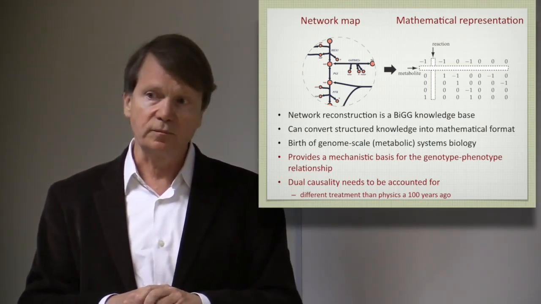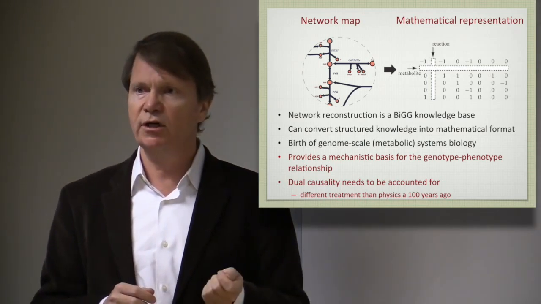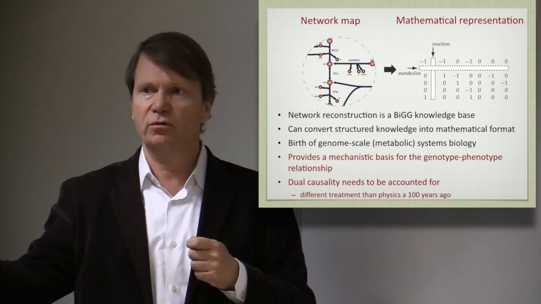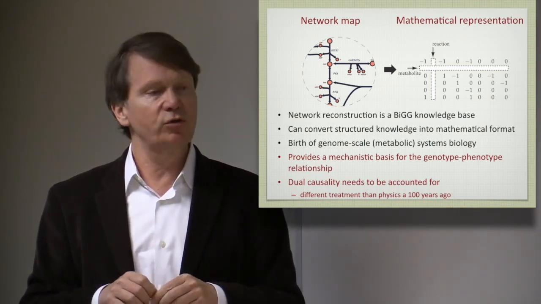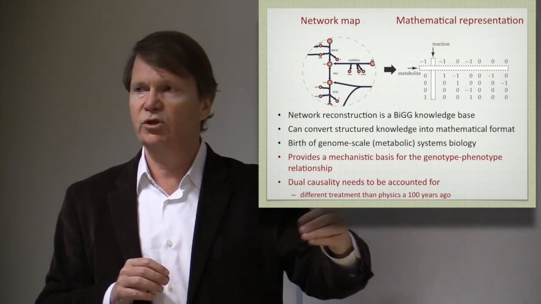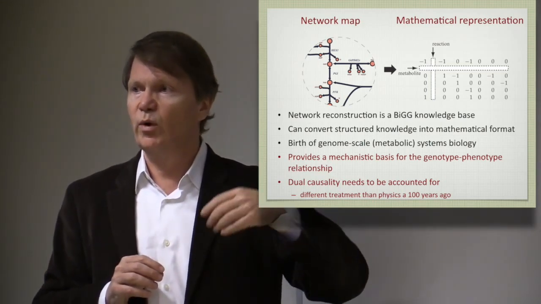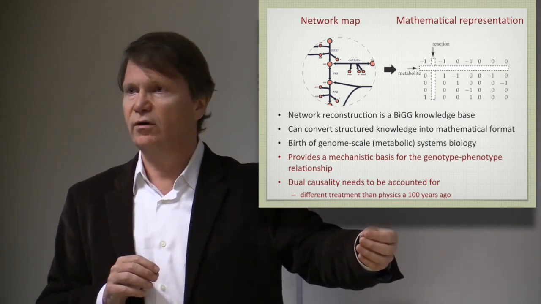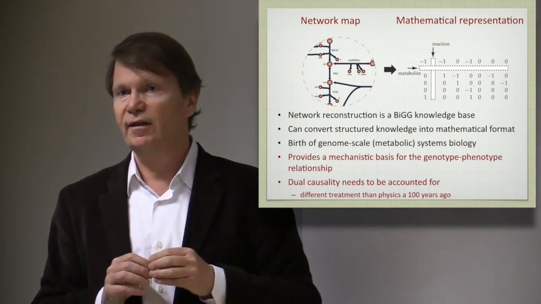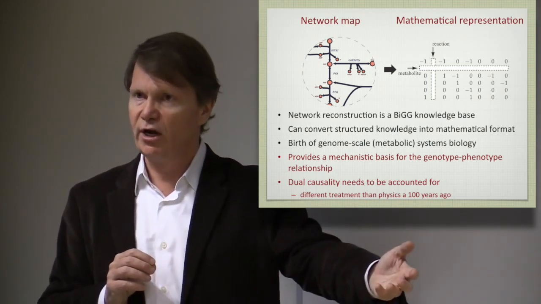In chemistry and physics, we have what's called proximal causation. You do something and there's an immediate reaction. In biology, we also have what's called distal causation, because with subsequent generations, the properties of organisms change. They adapt, they evolve. So the way they respond a few hundred generations later, say in a microorganism, is different than what the organism did that you started with, because the genetic makeup has changed.